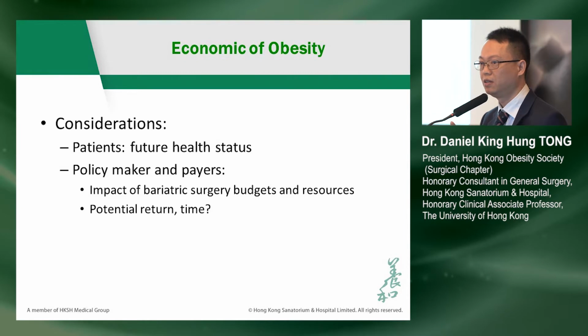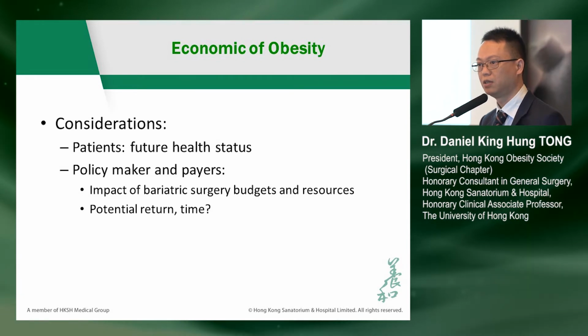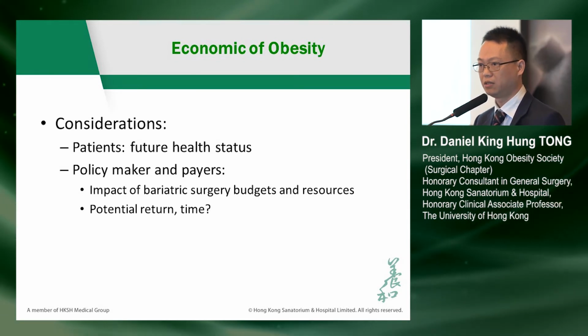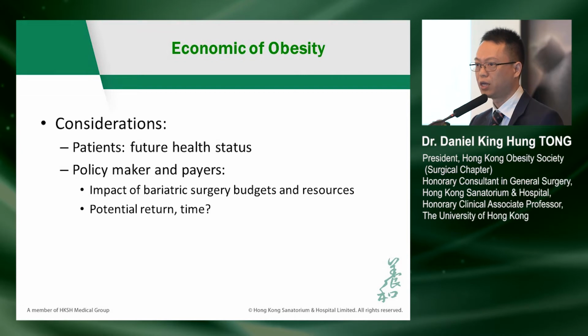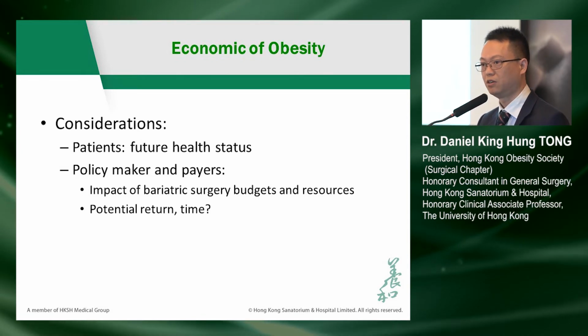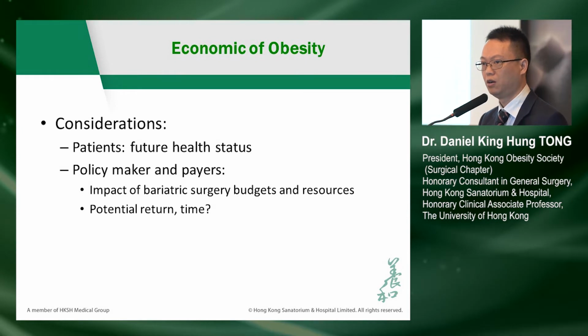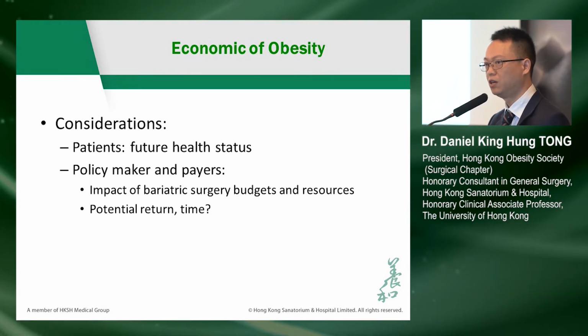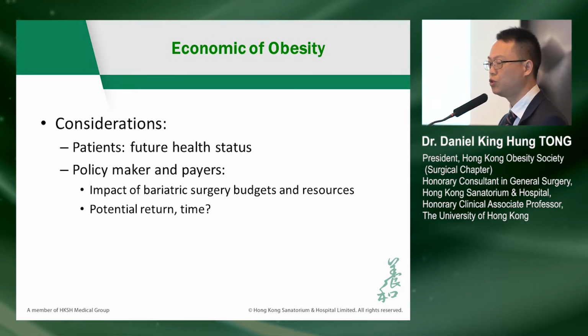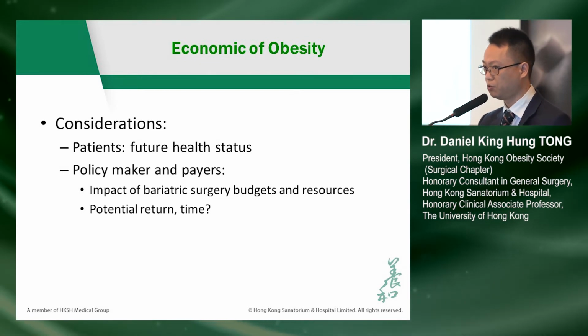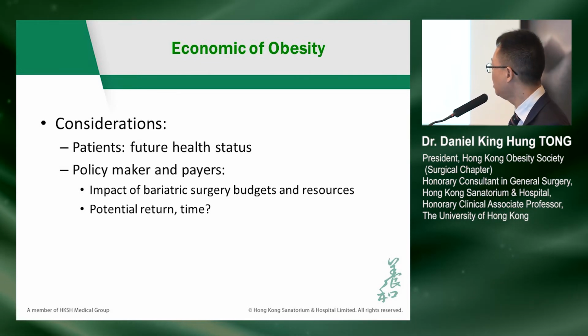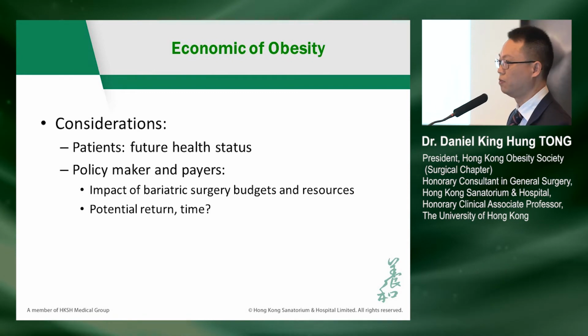But if you were the hospital authority administrator or the country's health administrator, resources are scarce. You need to allocate to the appropriate sector or appropriate aspect. Suitable patients should receive appropriate treatment options. You want to allocate to appropriate patients, but not all, right? So this is different thinking for different parties.